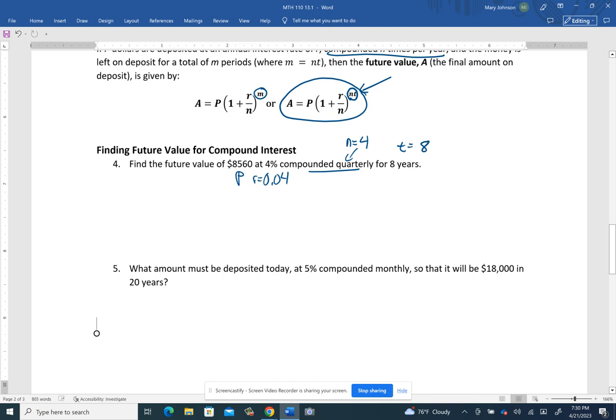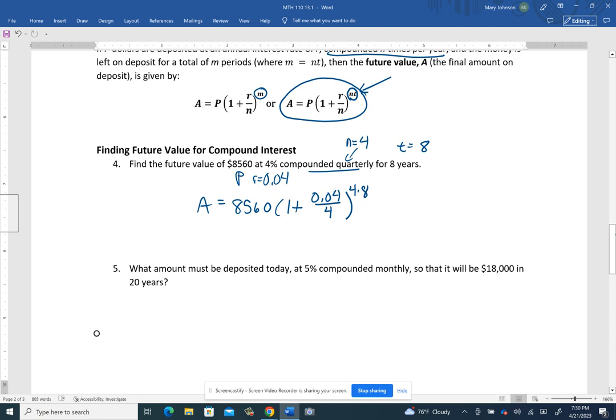So we just plug into that formula. A would equal the principal, 8,560, times 1 plus the interest rate as a decimal, divided by 4, close that parenthesis, and that has to be raised to the 4 times 8 power.